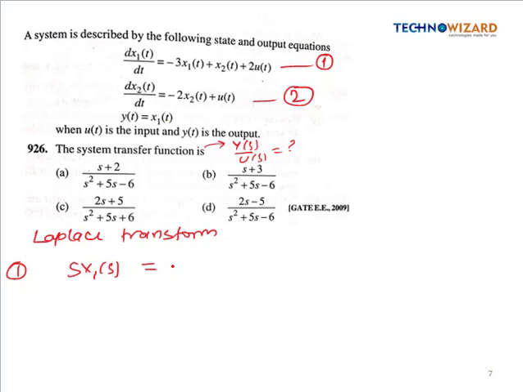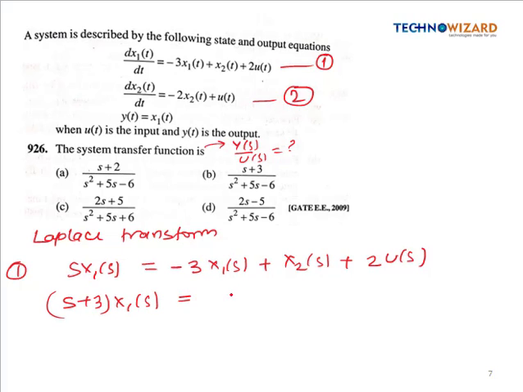This will be equal to minus 3 into x1 of s, plus x2 of s, and 2 u of t, Laplace is u of s. Now combine the x1 of s terms, so s plus 3 into x1 of s is equal to x2 of s plus 2 into u of s.